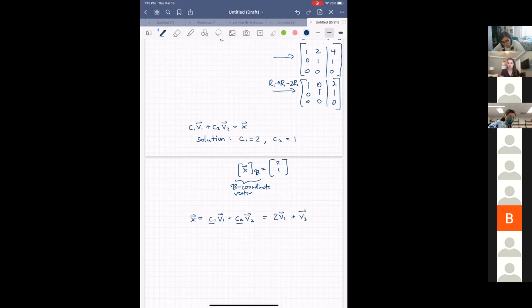This representation in terms of V1 and V2 is unique. So this is like a shorthand for writing X as a linear combination of our basis, right? So it tells us that if we want to write down X as a linear combination of vectors in B, we use the constants 2 and 1 to do that.